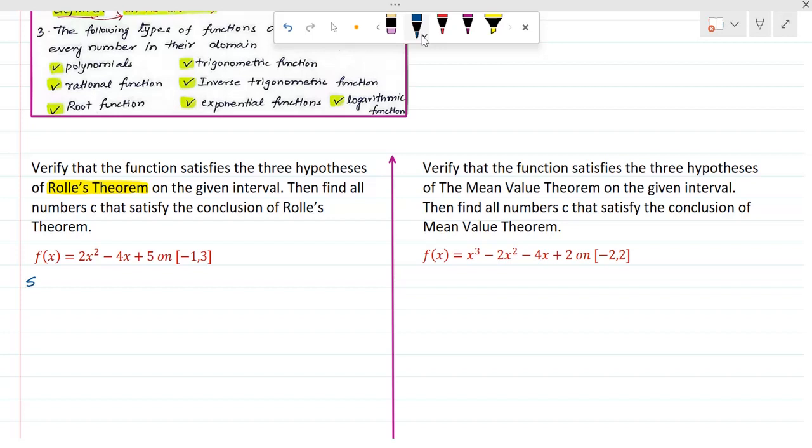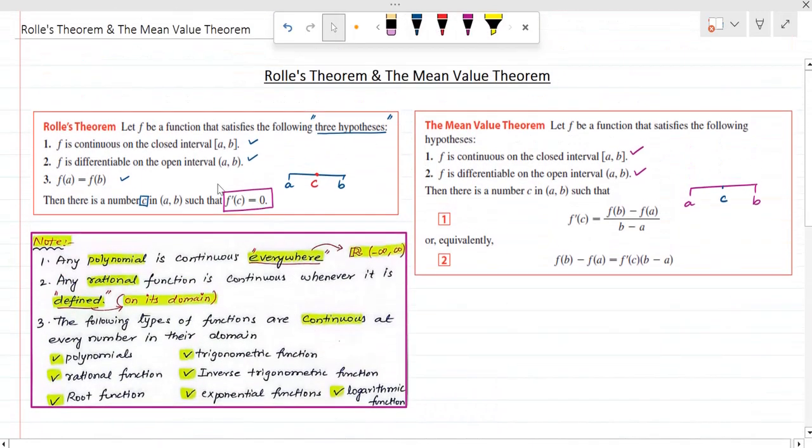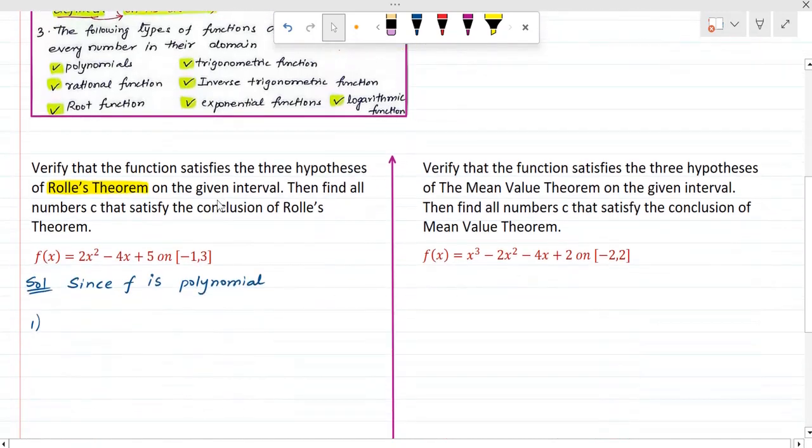First of all, the given f is a polynomial. Since f is a polynomial, it is continuous throughout the real line. I will write this as the first condition: f is continuous on the closed interval.